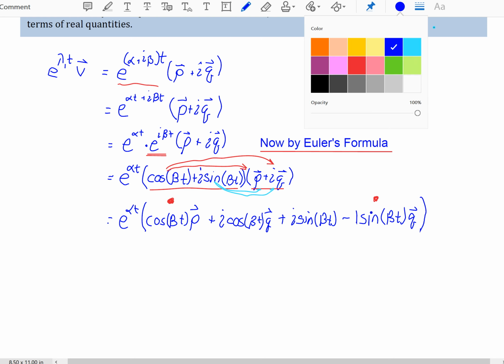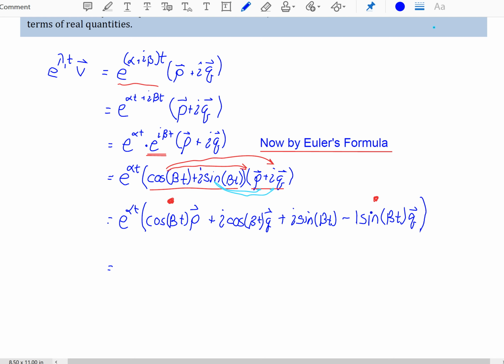So let's regroup these two and write it as e to the alpha t times cosine beta t p vector minus sine beta t q vector.